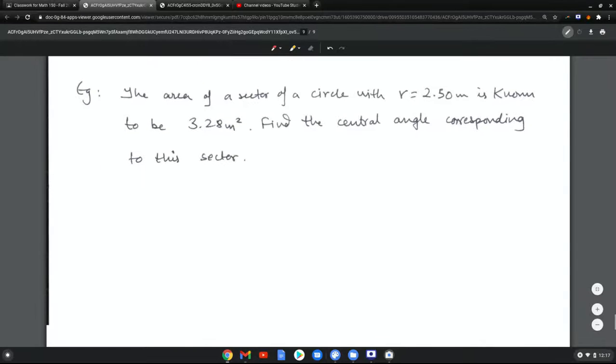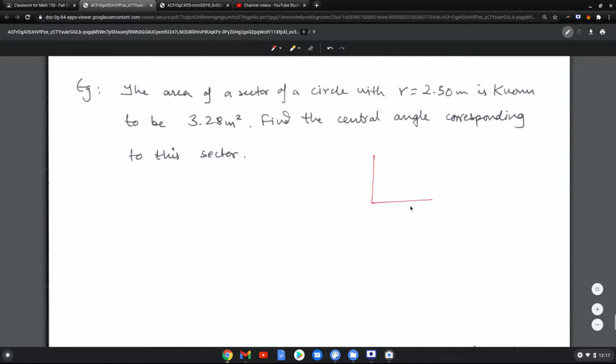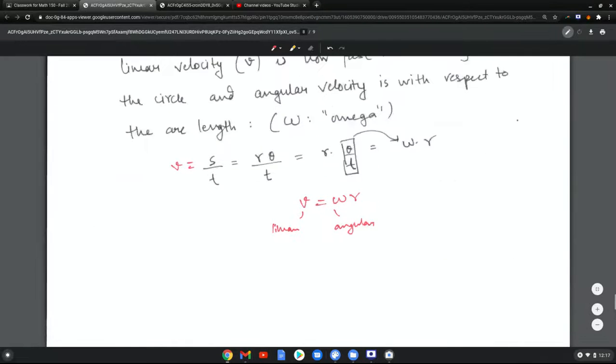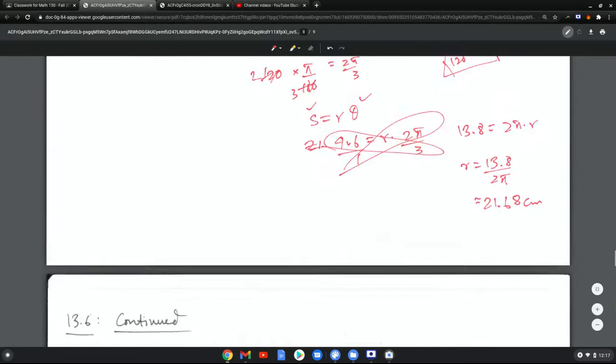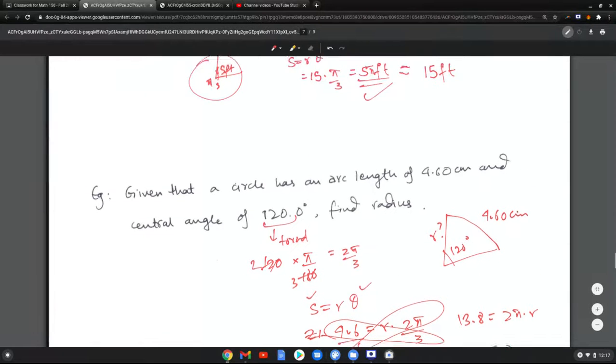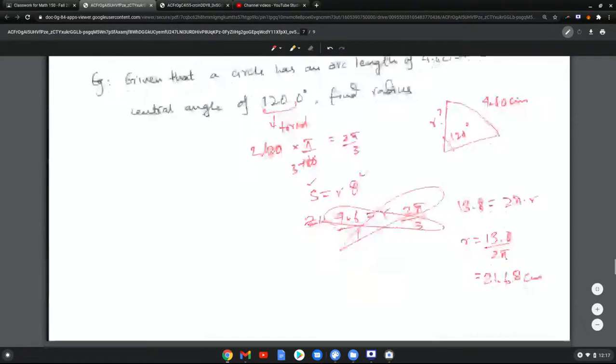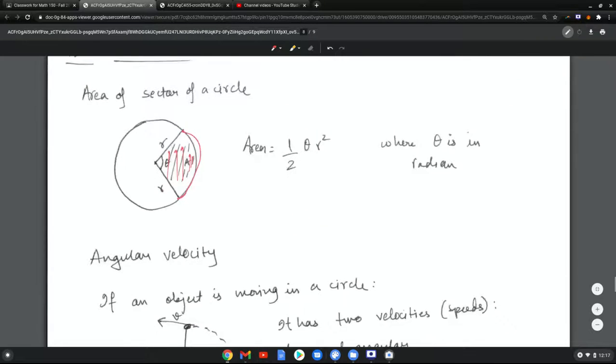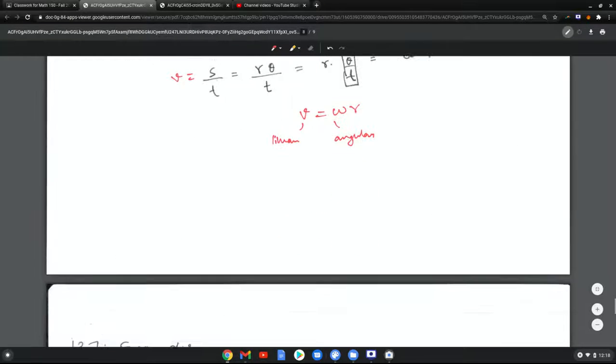Okay, example: the area of the sector of a circle with radius 2.50 centimeters is 3.28 meters squared. You have to find theta. The area is 1/2 r squared theta. If you go up here, that's our formula for the sector area. It's right here, 1/2 theta r squared.